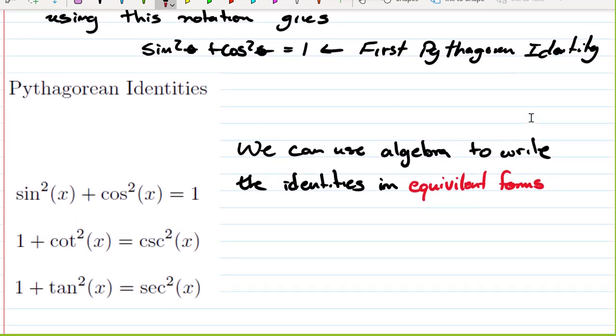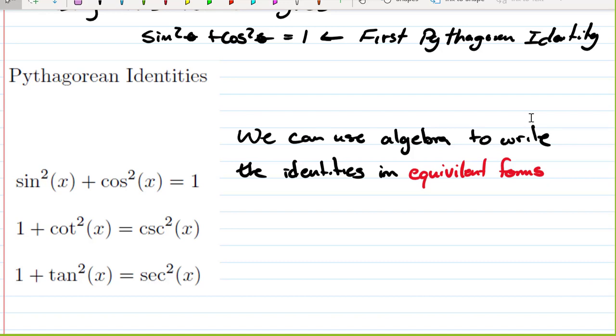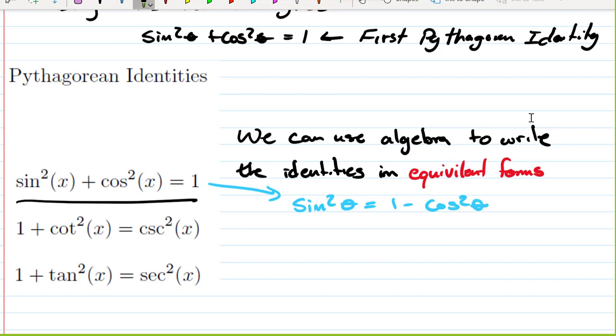One of the fundamental rules of equations says I can add or subtract the same thing to both sides. So for the first Pythagorean identity, if I subtract cosine squared from both sides, it gives me the new equation, sine squared theta is equal to 1 minus cosine squared theta. Similarly, if I subtract sine squared from both sides, it tells me that cosine squared of theta is equal to 1 minus sine squared theta.